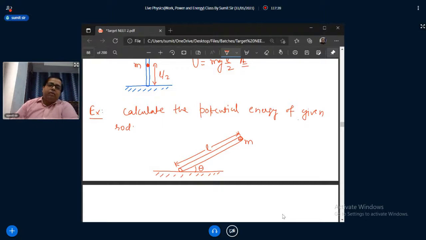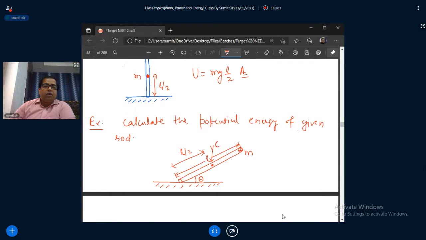You can use the same concept of center of mass. At distance L by 2, this is the center of mass, and what is the height of this point? The hypotenuse from here to here is L by 2.